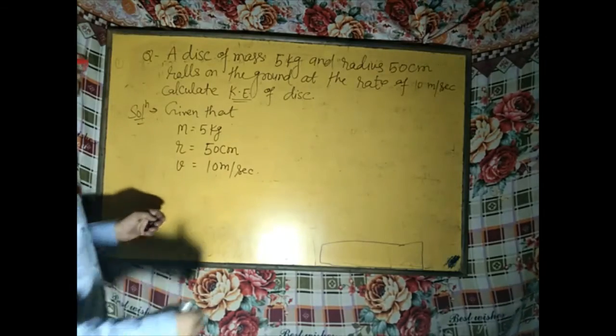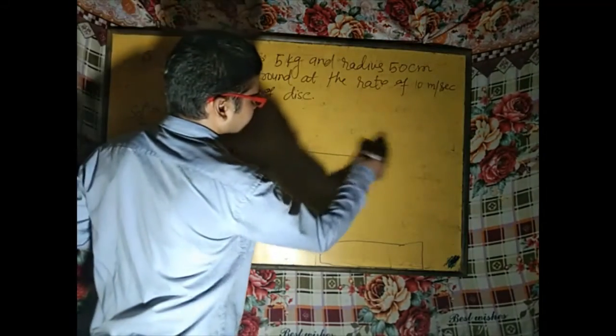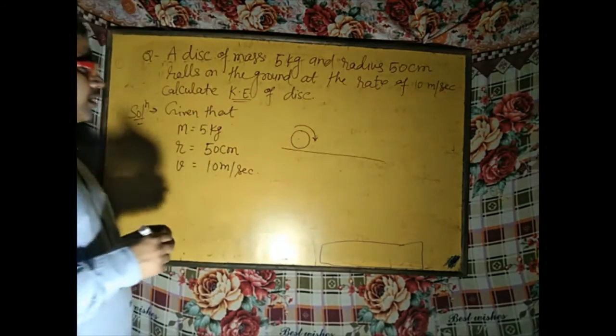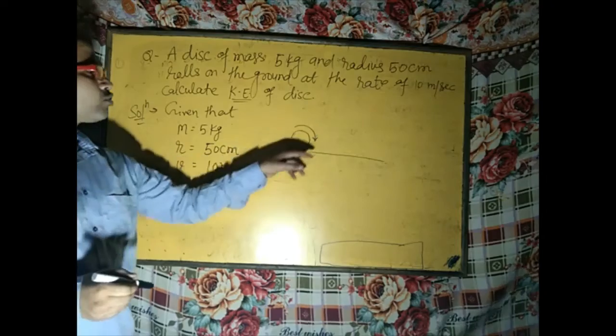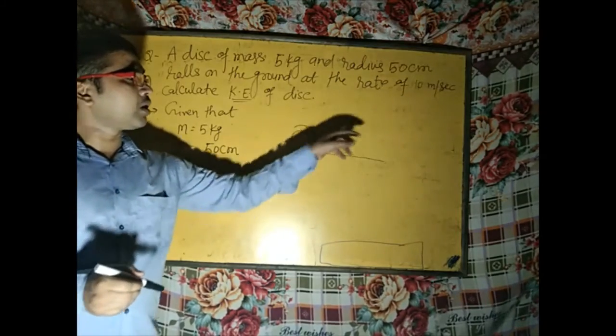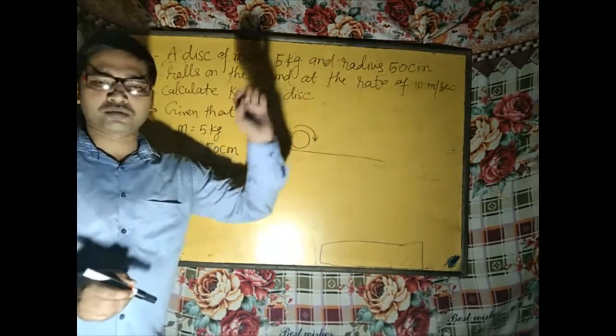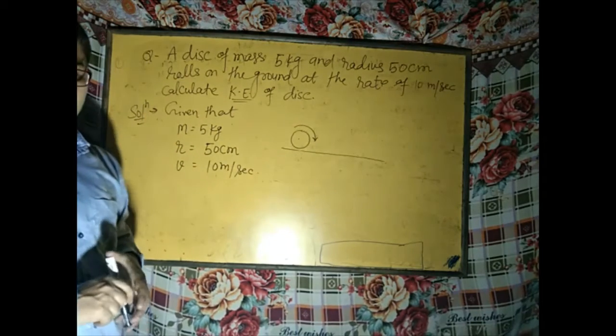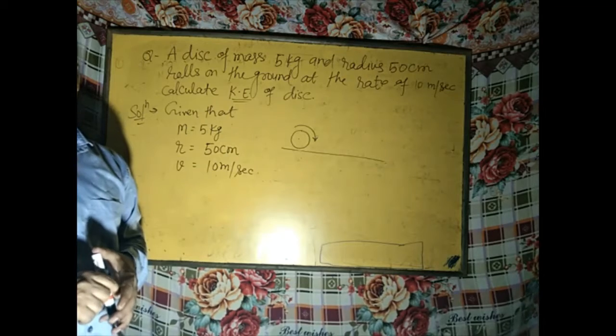So if the disc is rolling on a ground, suppose this one is the ground and the disc is rolling, it means it performs rotational motion along with translatory motion. Okay, it means it has both translatory as well as rotatory motion.